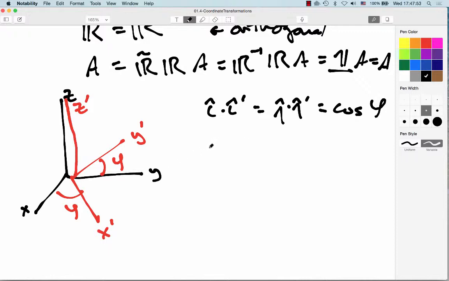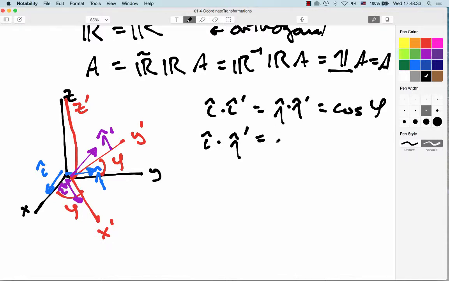Now to get some of the other cross terms, to get i dot j prime. So i is the unit vector. Let me go ahead and draw in our unit vectors again here. So that's i and j, and this here is i prime, and that's j prime. Okay. So I get i dot j prime. If we take a look at this, the angle between the two is going to be 90 degrees plus phi.